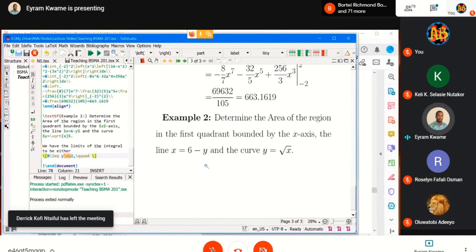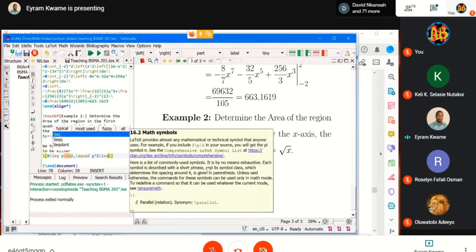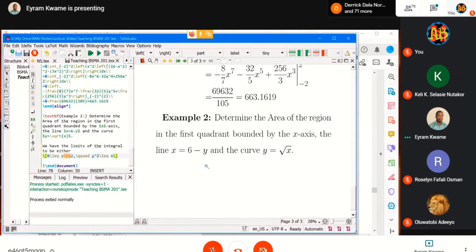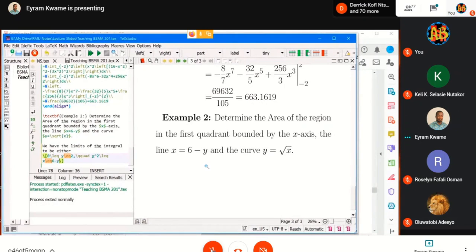Then along the x-axis, I'm going to have y squared less or equal to x less or equal to 6 minus y.